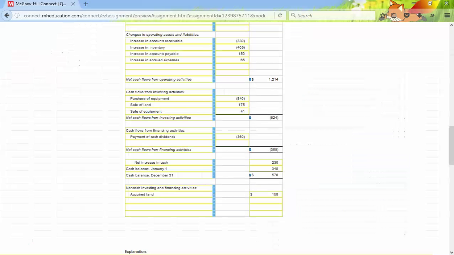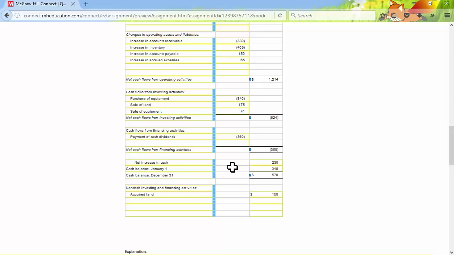If we look at the author's answers, payment of cash dividends, 360, that will affect our cash flows. And so we have now analyzed all sections: current assets, current liabilities, gains and losses, non-cash transactions, changes in the balances of the long-term assets, and then the changes in cash as a result of paying dividends.